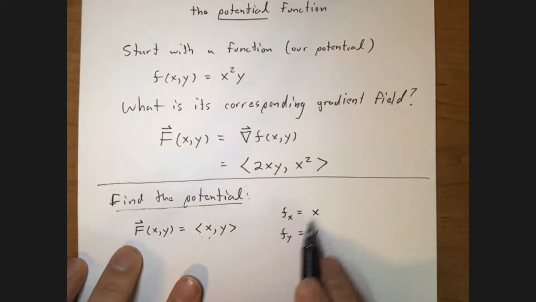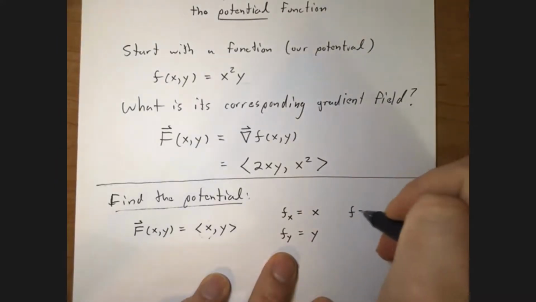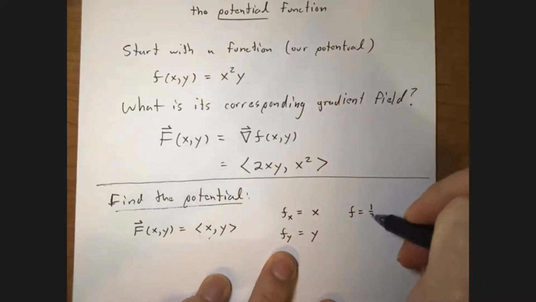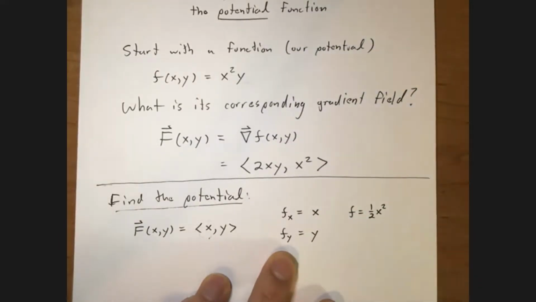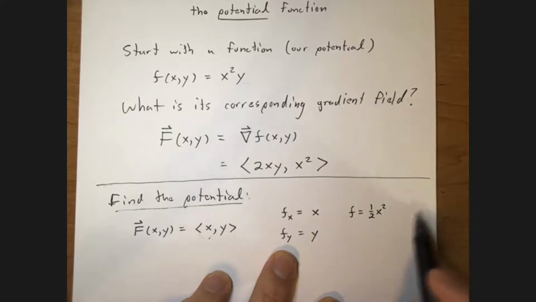Well, if the x derivative is x, then I can just anti-differentiate to try to find what f is, right? So f must be, well, the antiderivative of x with respect to x is 1/2 x squared. But what I should keep in mind is that I took an x derivative. So any function of y, when I take the x derivative, would have become 0, because y doesn't depend on x.